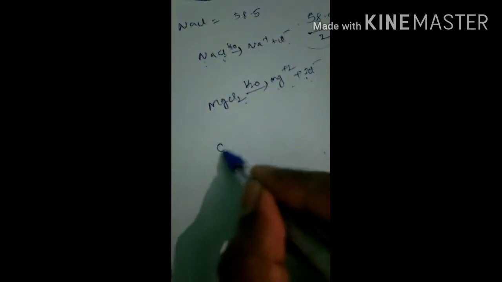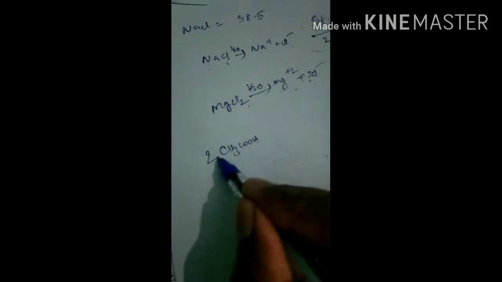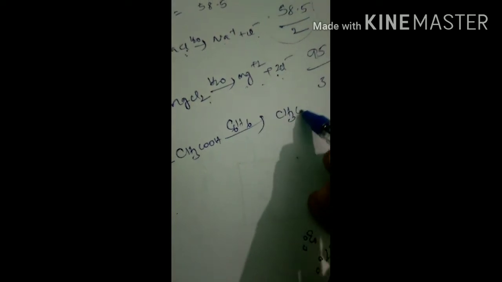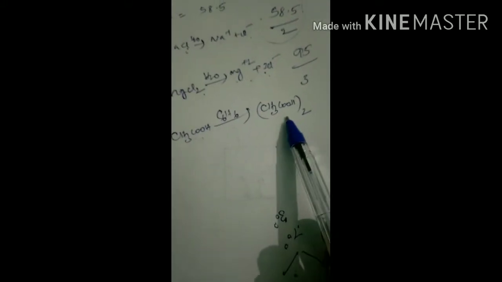So this is about abnormal molar mass. We take one more example. Take CH3COOH, that is acetic acid. I take two acetic acid molecules. When this acetic acid is present in benzene, we get one molecule. That means two CH3COOH molecules, which are individual molecules, become one molecule.